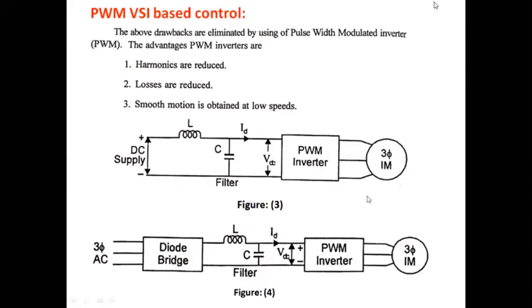So these are the 4 possible configurations for the VSI to operate the 3-phase induction motor under V/F control, operating this VSI in 2 modes: 6-step inverter and PWM inverter modes. Thank you very much.